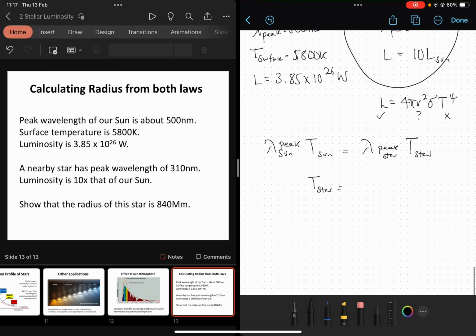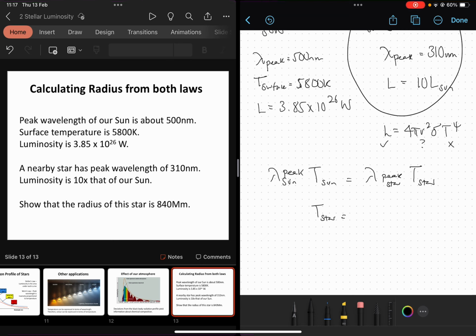So that is the peak wavelength of the sun, 500 nanometers, multiplied by the temperature of the sun. It's in Kelvin, so I don't need to convert that. And I'm going to divide that by the peak wavelength of the star. And you'll notice I didn't convert either number from nanometers into meters. I don't need to.